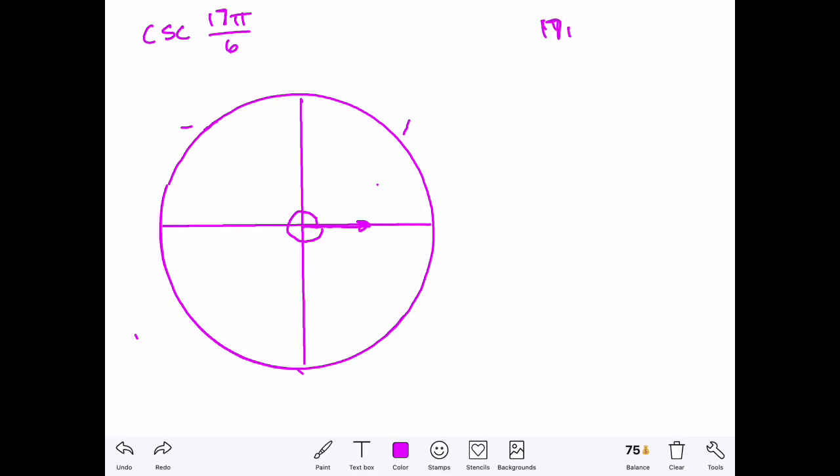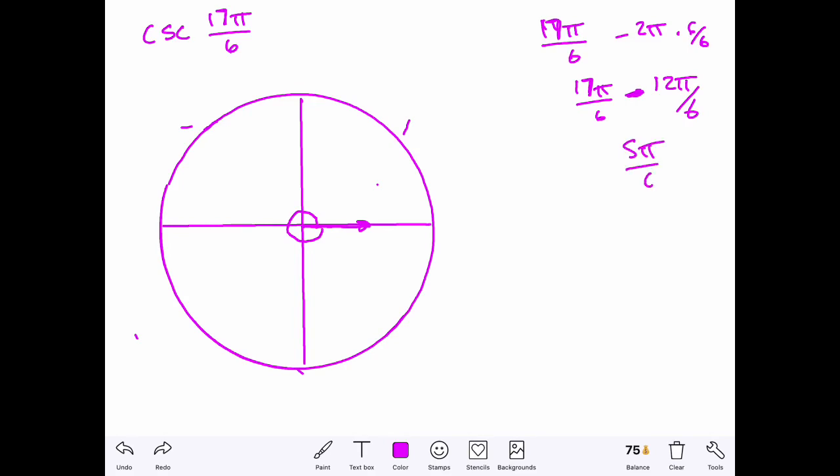Well, 17 pi over 6 minus 2 pi, and I convert 2 pi to 12 pi over 6. Sorry, that's minus. 17 pi over 6 minus 12 pi over 6 is 5 pi over 6.